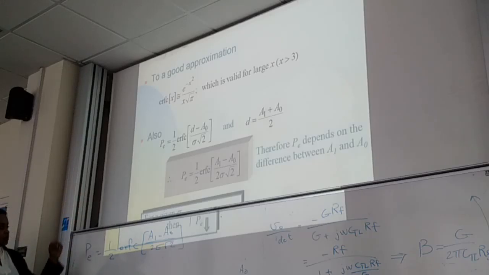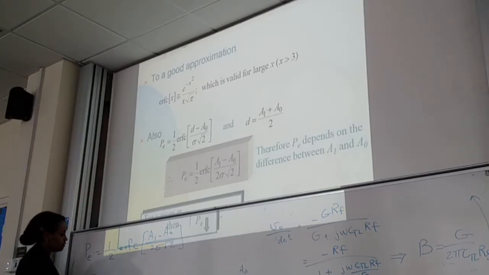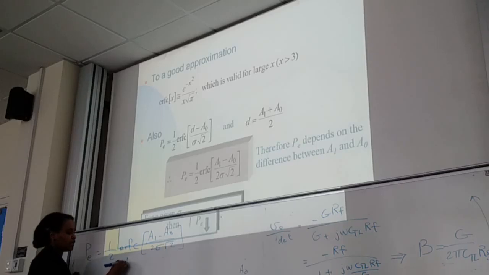And we said we can approximate the complementary error function by e to the power minus (a1 minus a0 over 2 sigma root 2) squared, over again the whole thing.